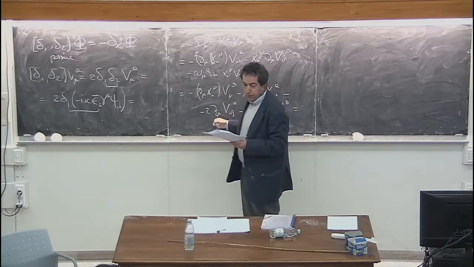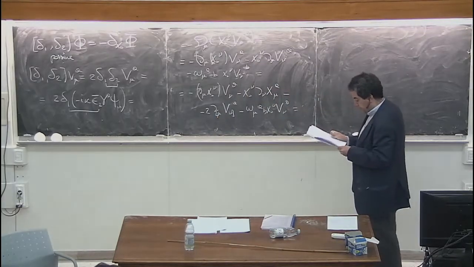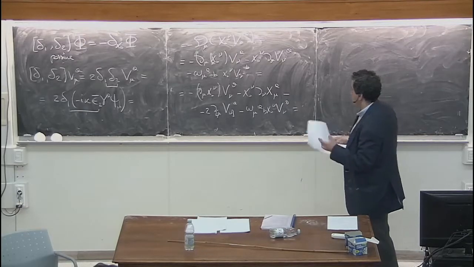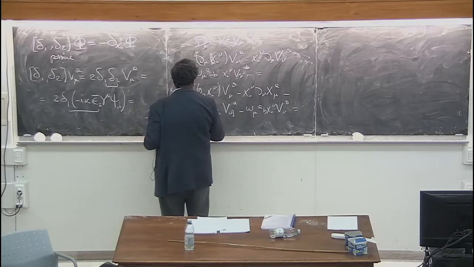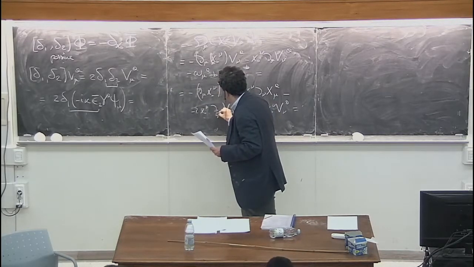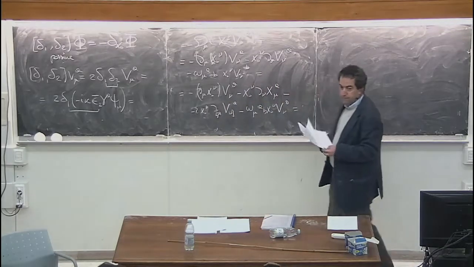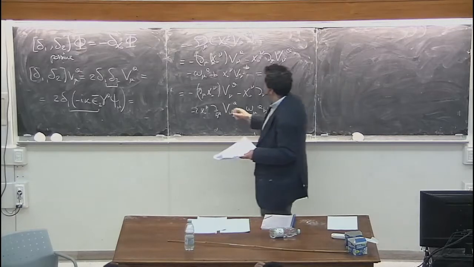Now I can use this and write it in terms of... sorry, there is an x naught here, minus 2x naught nu. Write this in terms of the torsion. Here we have a non-vanishing torsion. What is this?